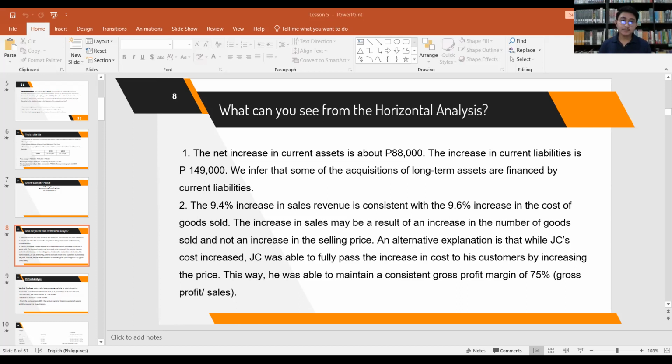So dito, of course, ang mangyayari, di ba, ang nakalagay po sa formula, balance of current year minus the prior year. Okay, so yung prior year natin, we have 2019, while in 2020, we have the current year.